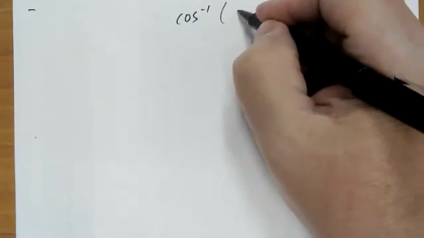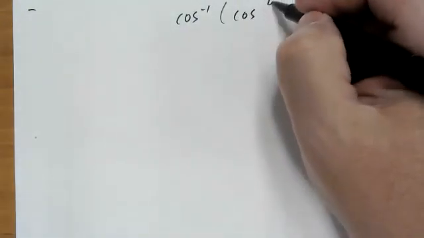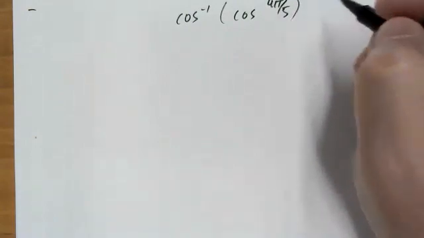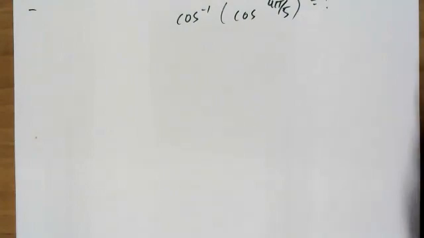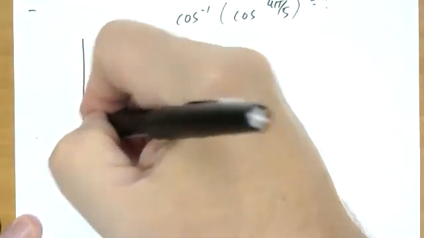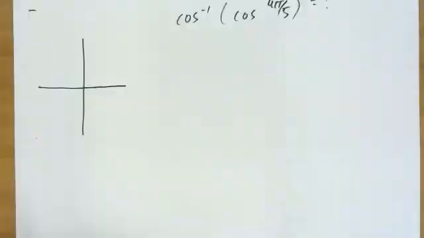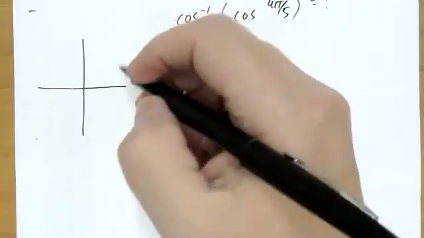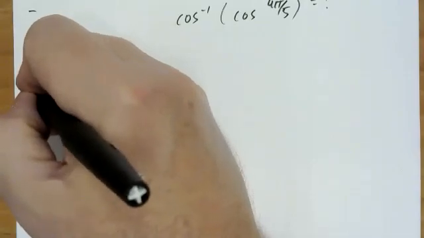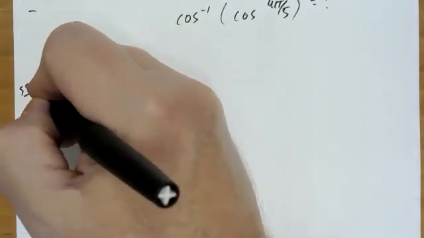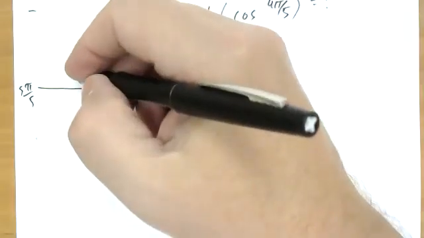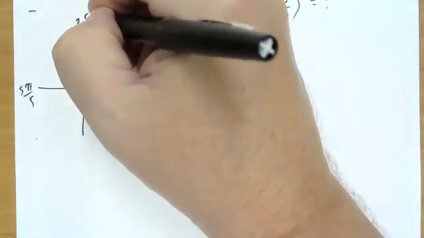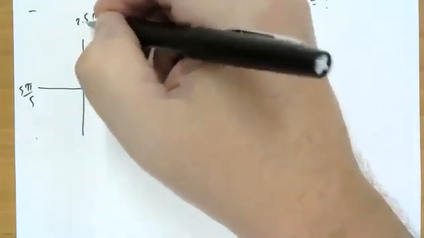Inverse cosine of the cosine of 4 pi over 5. First thing I'm going to do is try and make a rough sketch of this 4 pi over 5 angle. 0 to pi, or I think it's 5 pi over 5. So 4 pi over 5 must be, this is like 2.5 pi over 5, halfway.